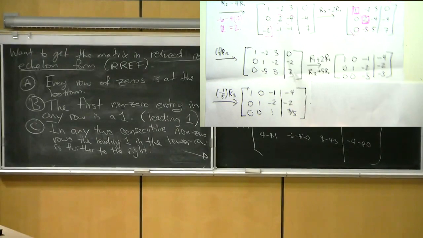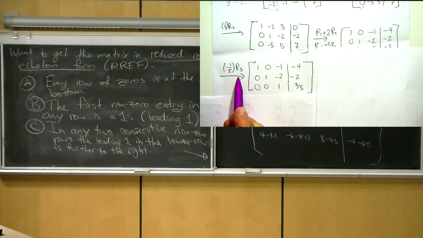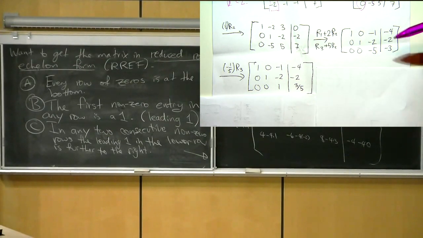Take my row 3 times negative 1 over 5. That gives me my 1. My negative 3 becomes positive 3 over 5, right?